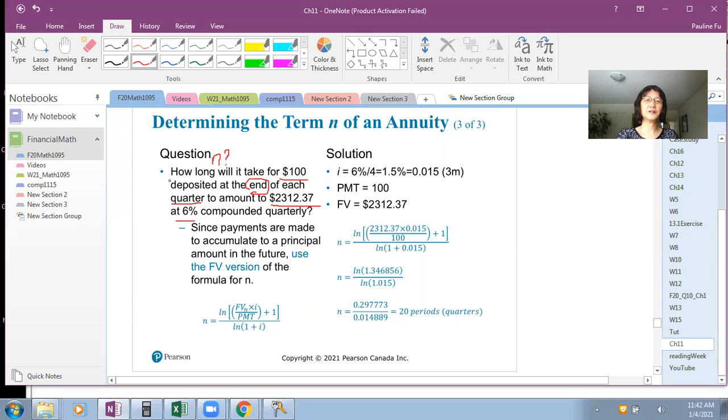How long? What is the term N? Given PMT $100, accumulate to this value. This is the future value. Interest is compounded quarterly, CY equal to 4.